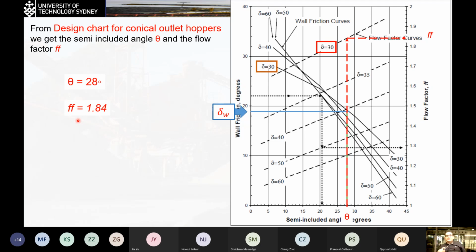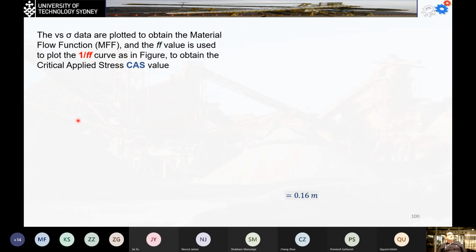These values are going to be intersecting to allow me to find the CAS value. So the sigma c versus sigma 1 data are going to be plotted to obtain the material flow function MFF, and the FF value is going to be used to plot the 1 over FF line, as seen in the following figure, to obtain the CAS value.